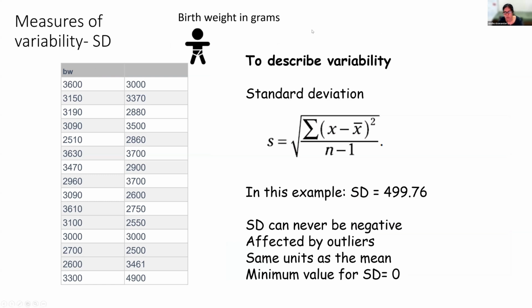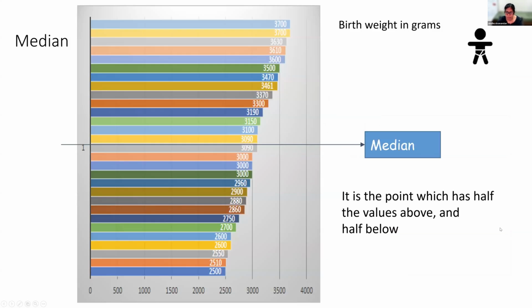Then we add all of them, divide by n-1 and take the root. In this example, the standard deviation is 499. Whenever we discuss the mean, we use the mean and the standard deviation. Standard deviation describes the spread of the variables.